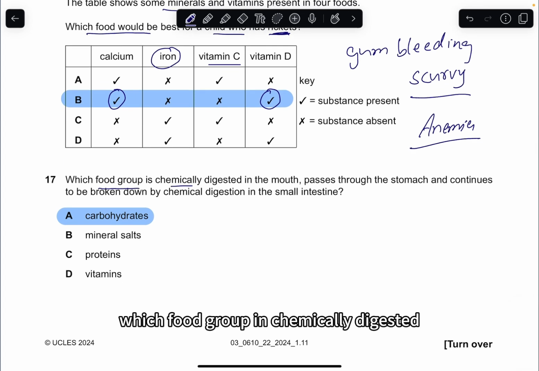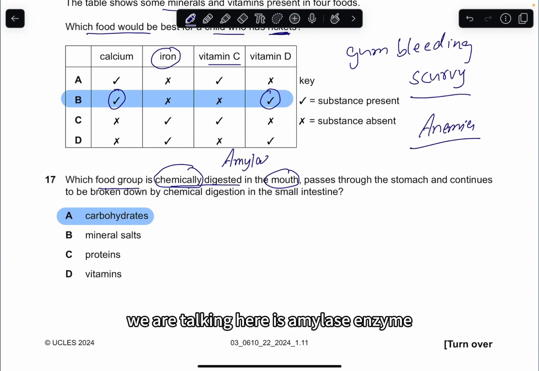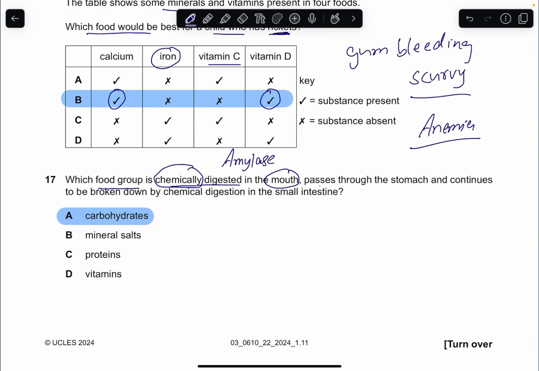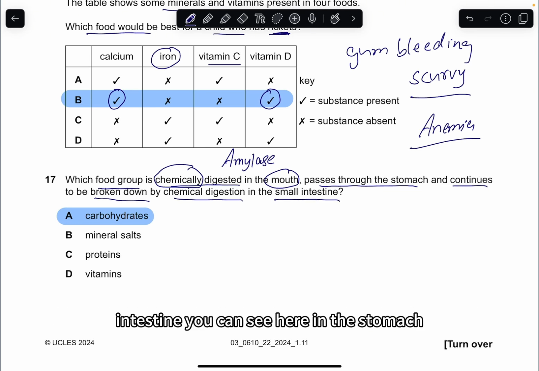Which food group is chemically digested here? Mouth. The enzyme we are talking about here is amylase, and then it passes to the stomach, and chemical digestion continues in the small intestine.